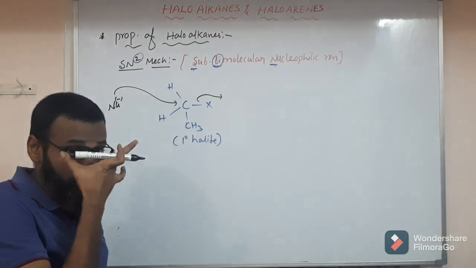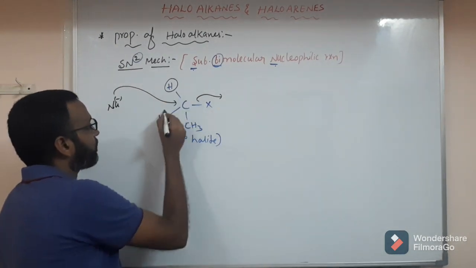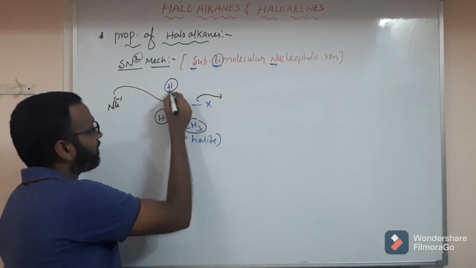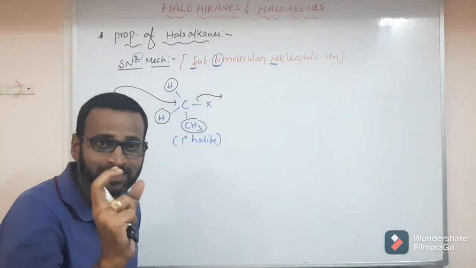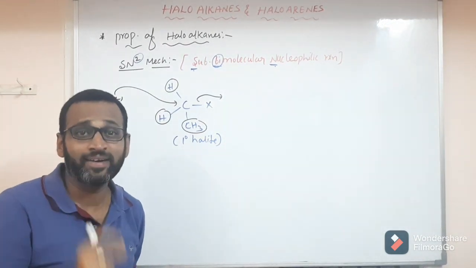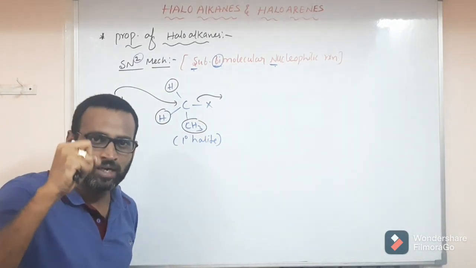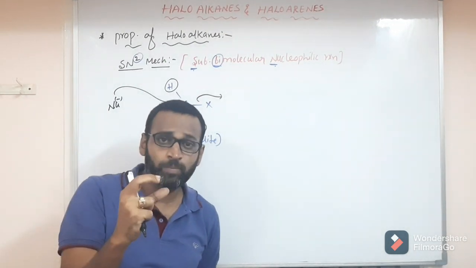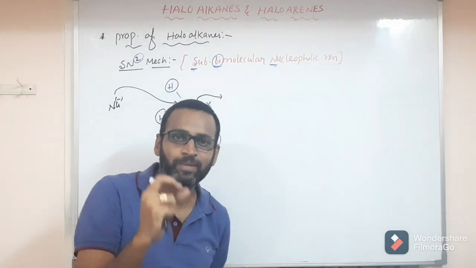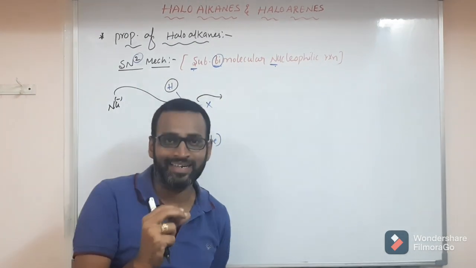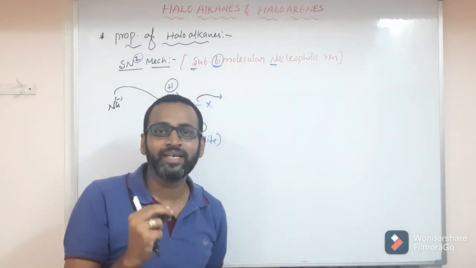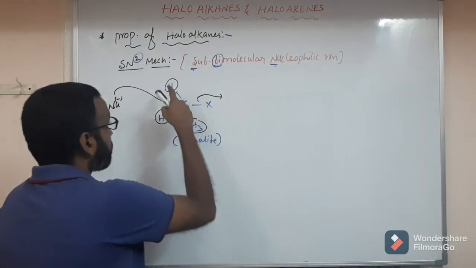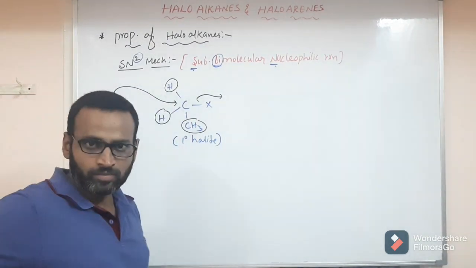When the groups are very small, you will have less repulsion between them. We call this steric hindrance. If the groups are big, more repulsion takes place between them. Those repulsions we call steric repulsions or steric hindrance, and they happen when the groups are very big.